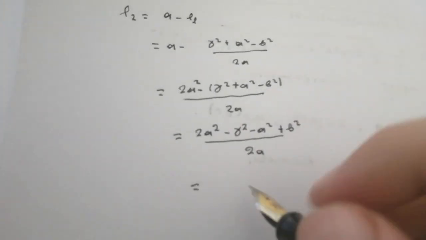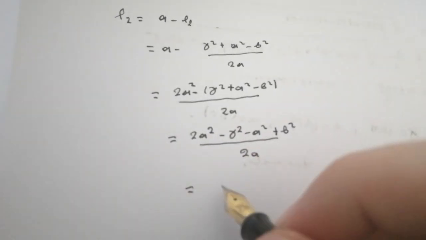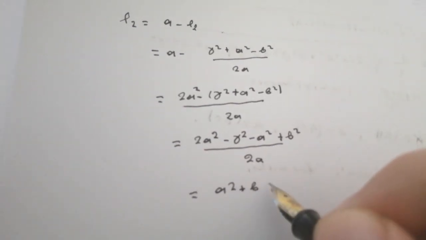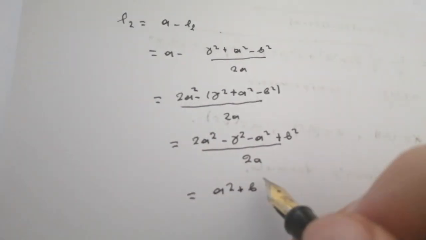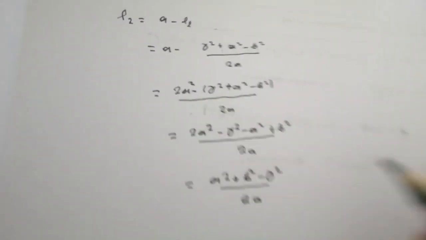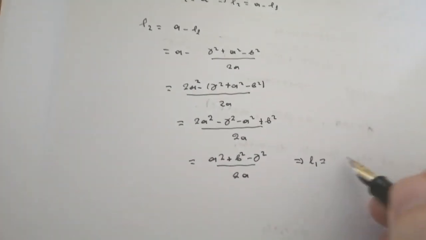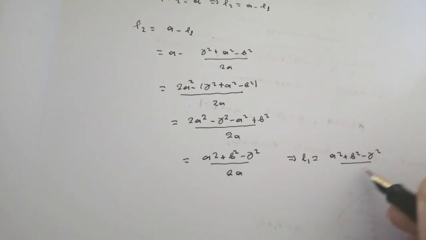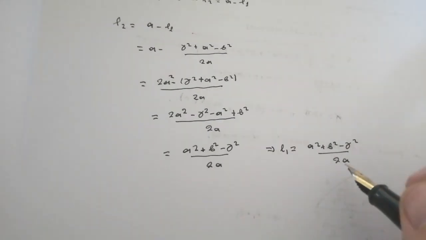And this is equal to alpha squared plus beta squared minus gamma squared over 2 times alpha.